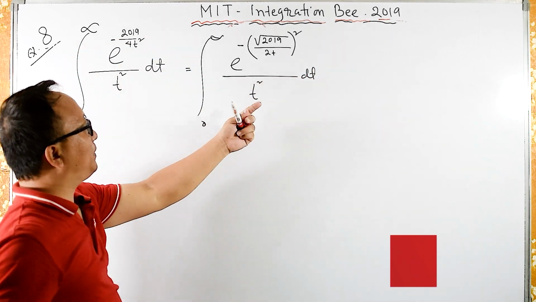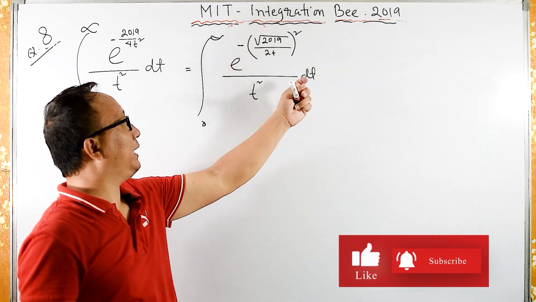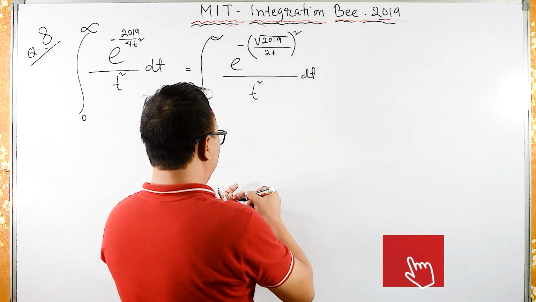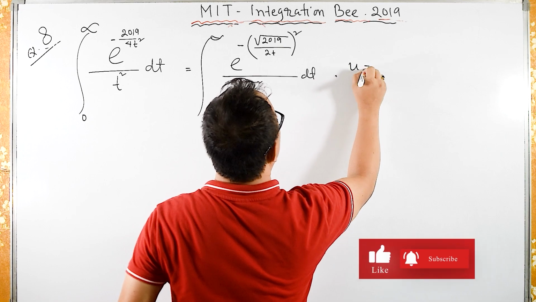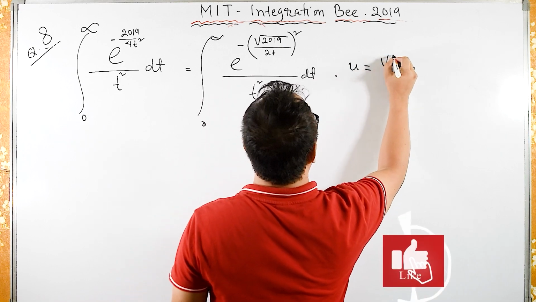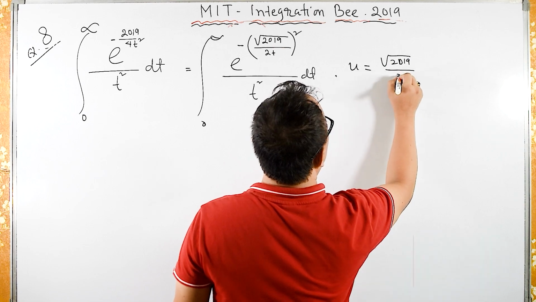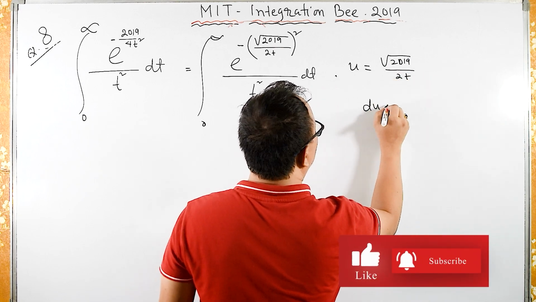Why am I doing this? Because if I substitute this equal to u, then the differentiation I will get is 1 by t square. So now let's substitute u equals the square root of 2019 upon twice t. Then my du will be the differentiation.